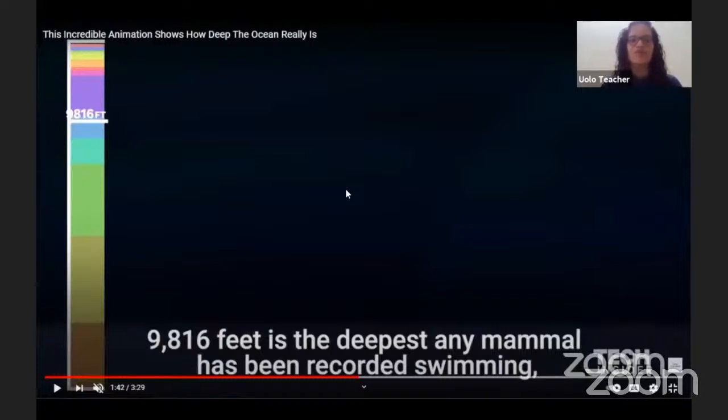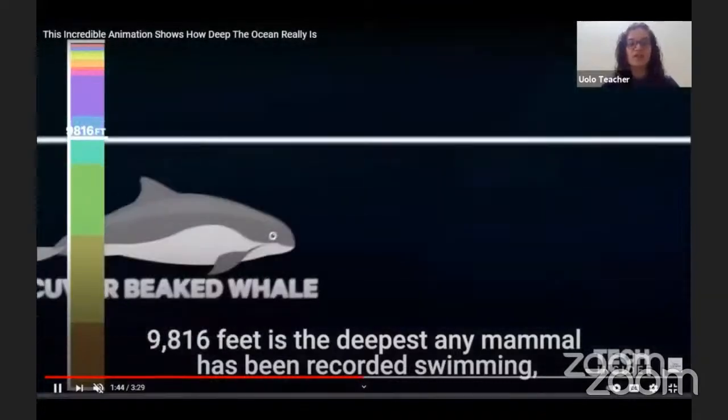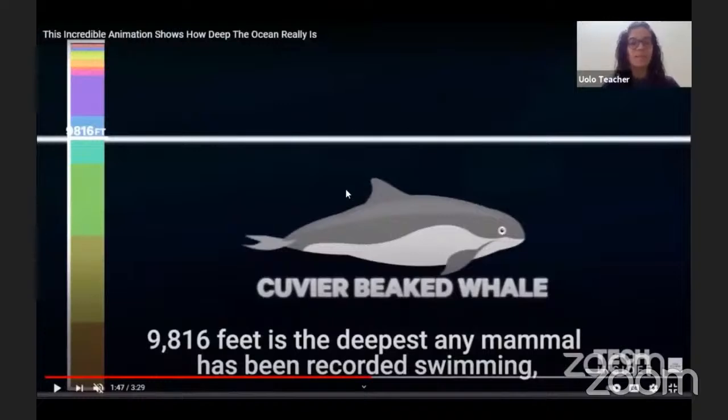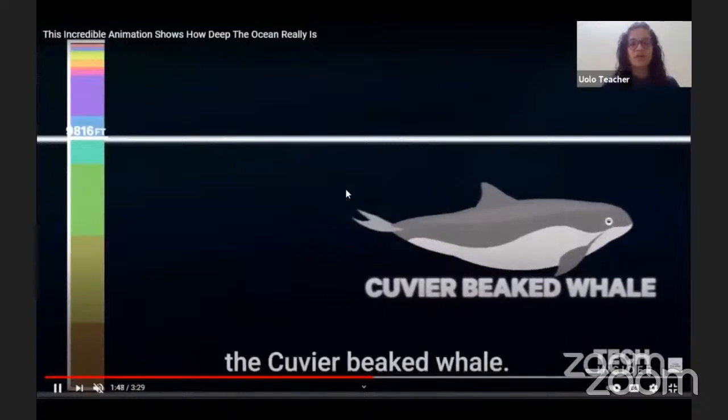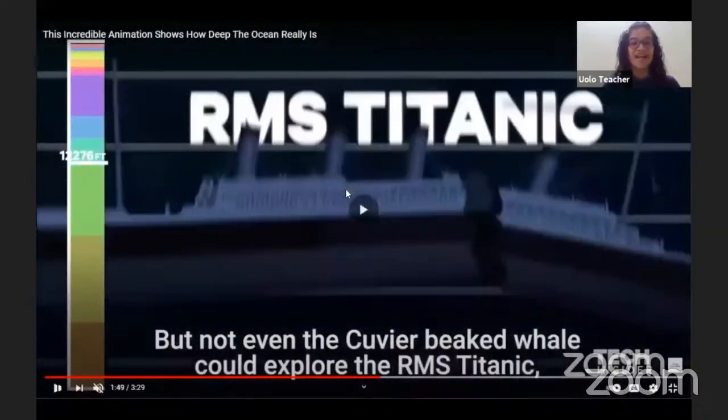So, if we go up to 9,816 feet deep, there are still mammals which have been recorded swimming, and one of them is the beaked whale. Okay, beaked whale, which has been recorded swimming over here. But not even this whale could explore the Titanic.